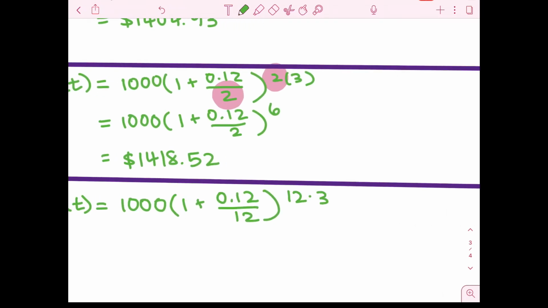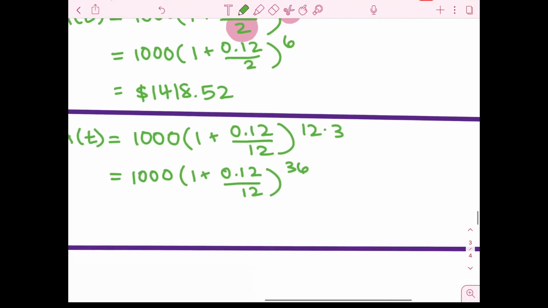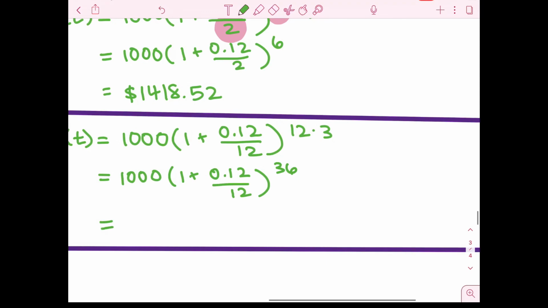Our 3 is our t, so after 3 years. I'm only going to simplify the exponent again. 1,000 times 1 plus 0.12 divided by 12 to the power of 36. Awesome. So now if you plug this into your calculator, you will find that your answer is $1,430.77.